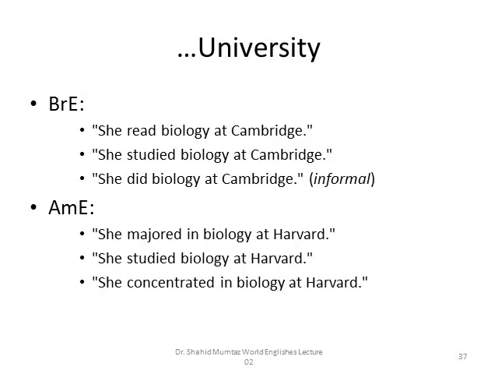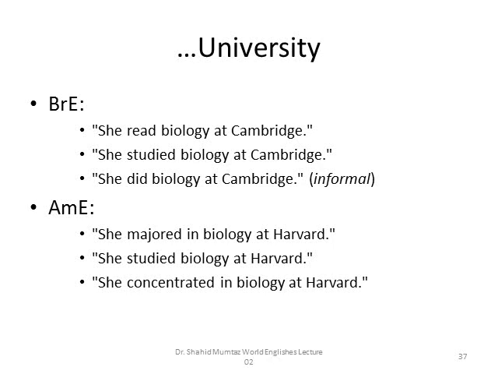And you see here an example of read and whatever we said before. In British English, she read biology at Cambridge. She studied biology at Cambridge. She did biology at Cambridge. So did, do, this is informal as we said before.